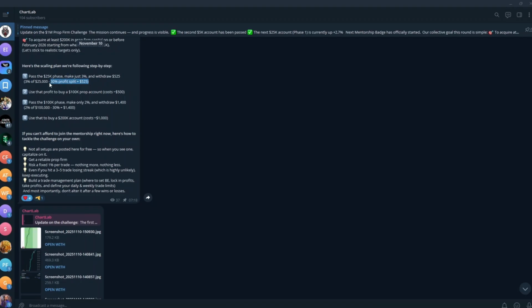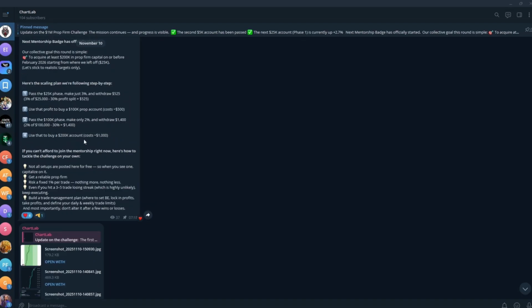This is the math here. Then we're going to use the profit to buy a 10k at the 100k account, which will cost $500, then use it to pass it. And at the end of this, the goal of the next 3 months is to make 200k in profit funding, right?